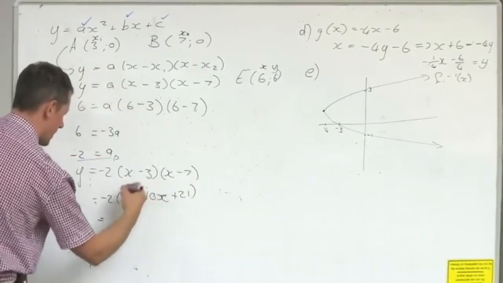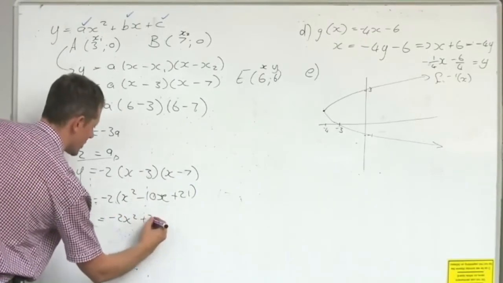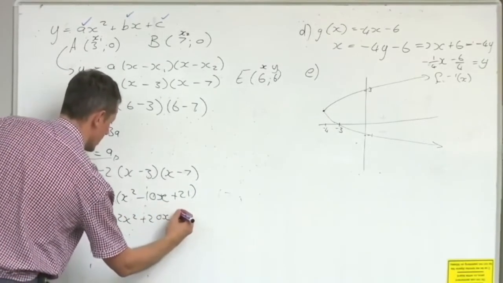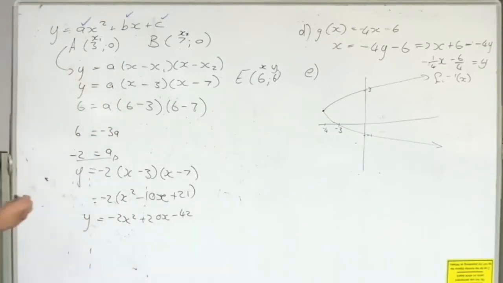And if I multiply this out, it's -2x squared plus 20x minus 42. And that is my y equation. Have I answered the question? But what if they asked me for the values of a, b, and c? I read it off. a is -2, b is 20, and c is -42.